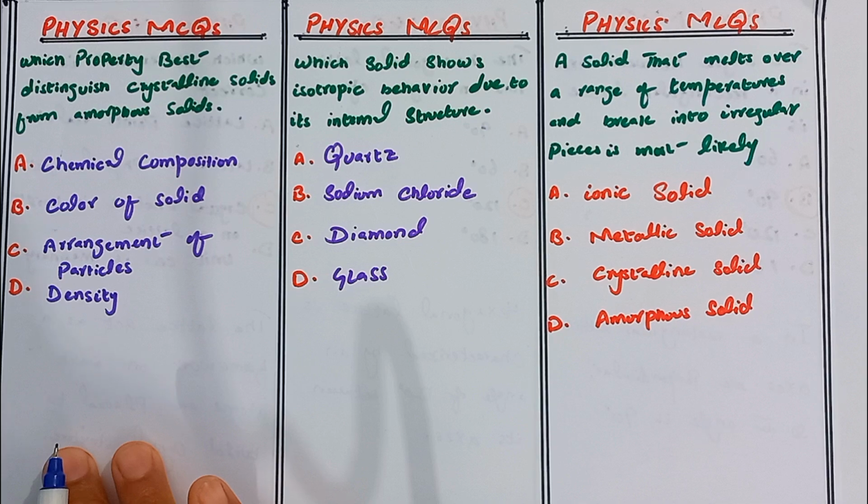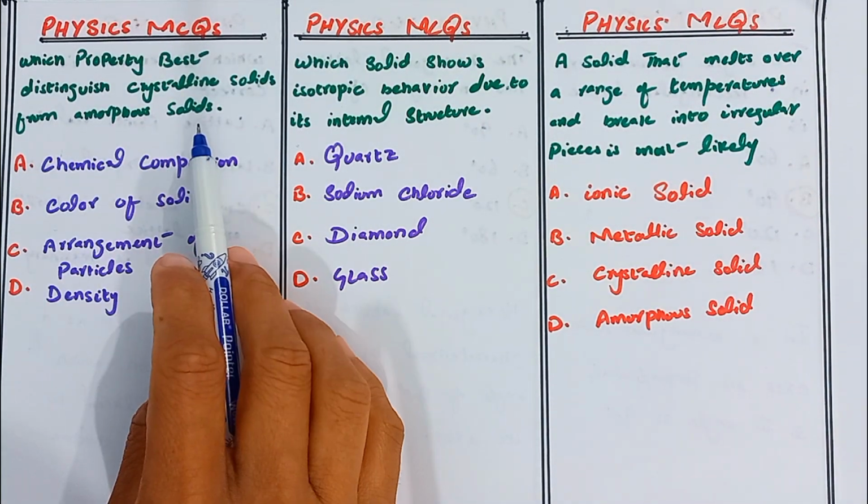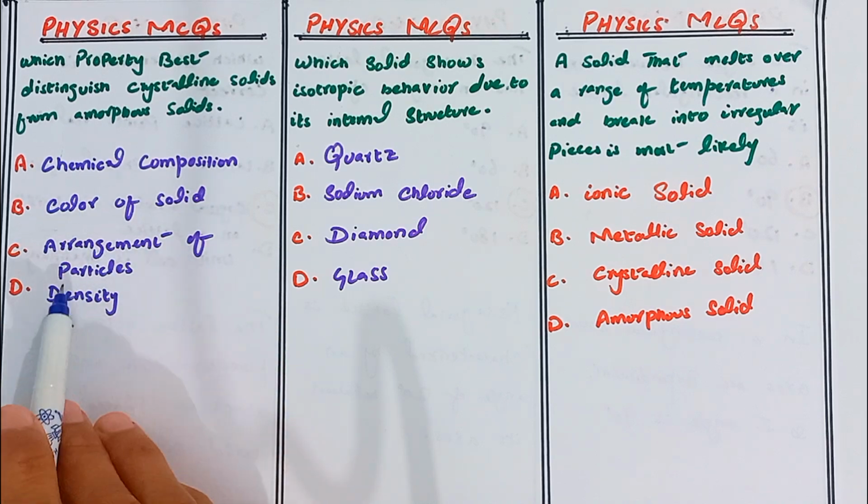First MCQ: which property best distinguishes crystalline solid from amorphous solid? Options given: chemical composition, color of solid, arrangement of particles, density.